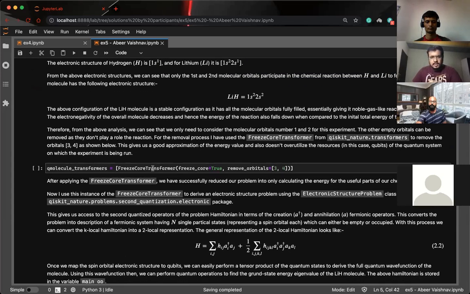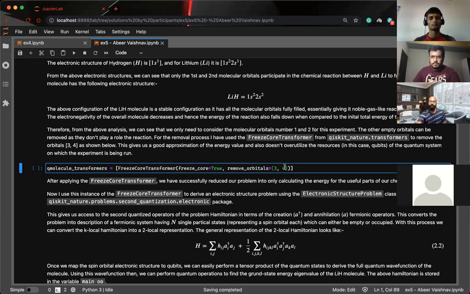The first thing that we do here is that we saw that we don't need any molecular orbitals apart from 1 and 2. So we remove some orbitals. This basically reduces our overhead of calculating operators and values for those orbitals.